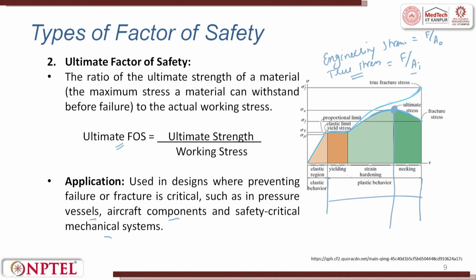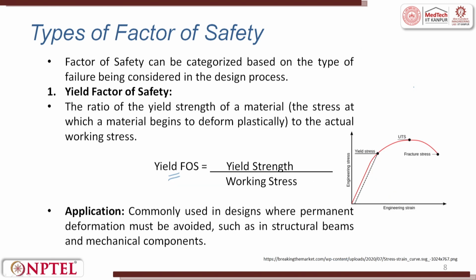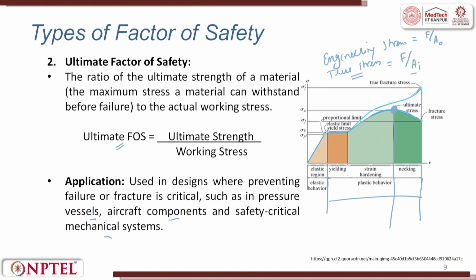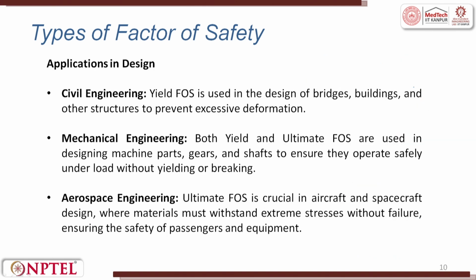So, we talk about a true stress fracture curve. Earlier we saw yield, now we are seeing ultimate FOS. So, where are these FOS used in design? In civil engineering, it is used in the design of bridges, buildings and other structures.